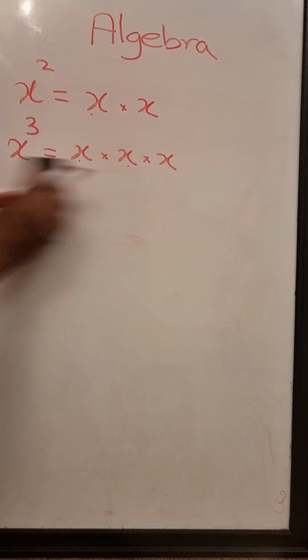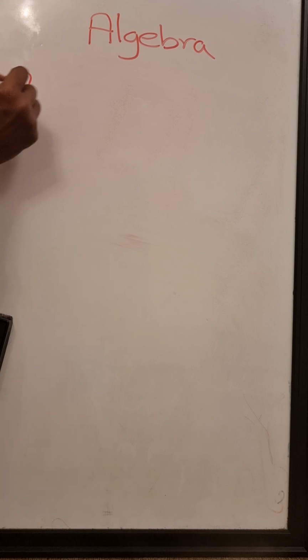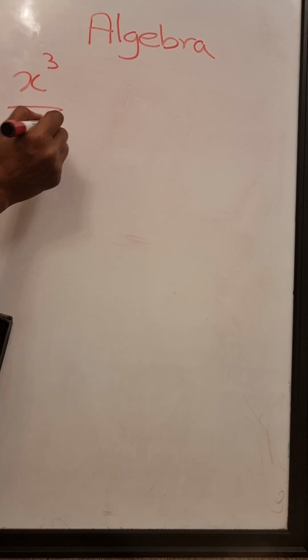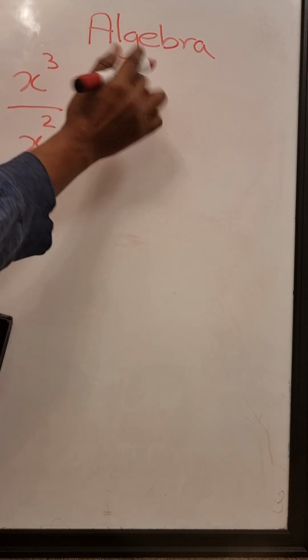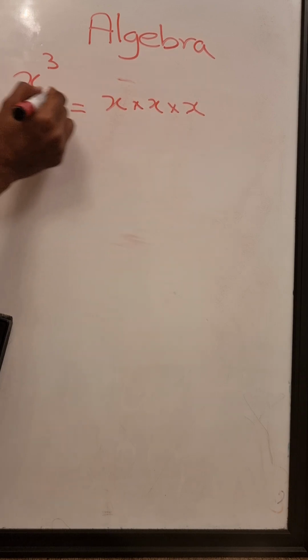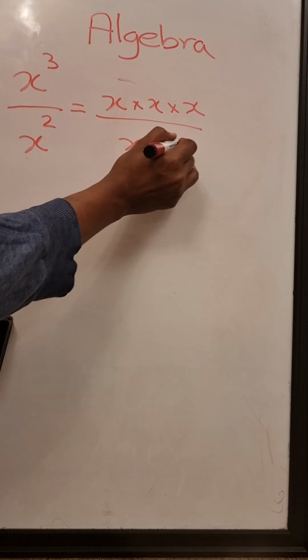And if we divide, let's say x to the power 3 over x to the power 2, this will equal x times x times x, 3 times, over x squared, which is x times x.